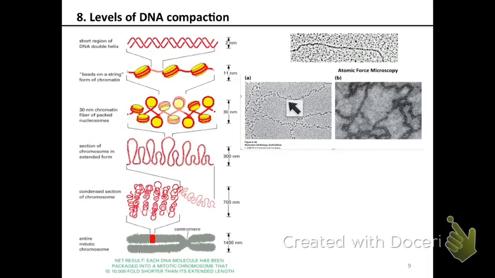So here's a bead, and each of these beads is a nucleosome, and you can see the string, which is the DNA that's in between them, right? And this beads on a string chromatin condenses further. You can actually see that thicker fragments are made.